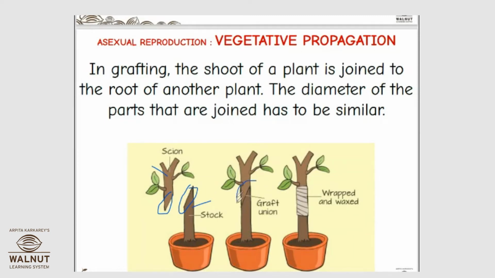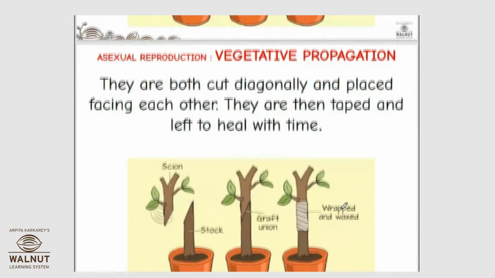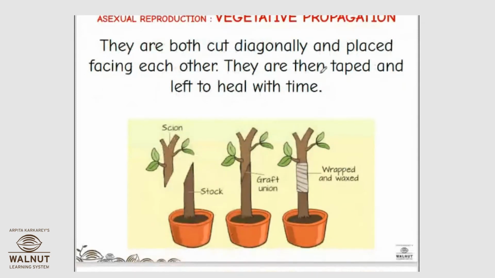As they are similar in diameter, they can be attached to each other and then wrapped and waxed so that no air or barrier is there. It is completely packed so that it grows properly. They both are cut diagonally and placed facing each other.